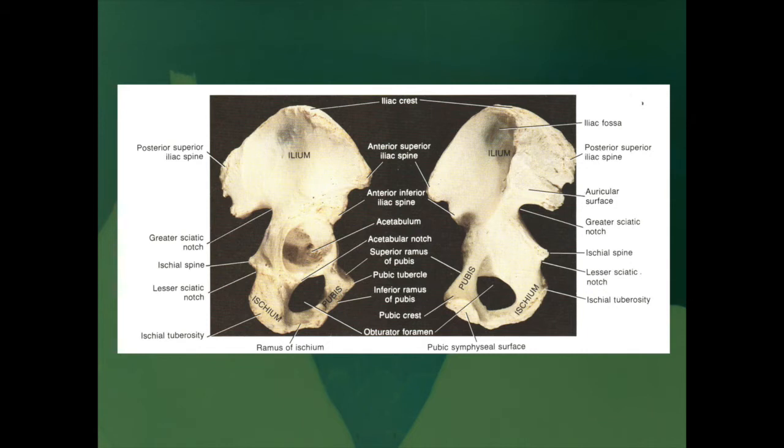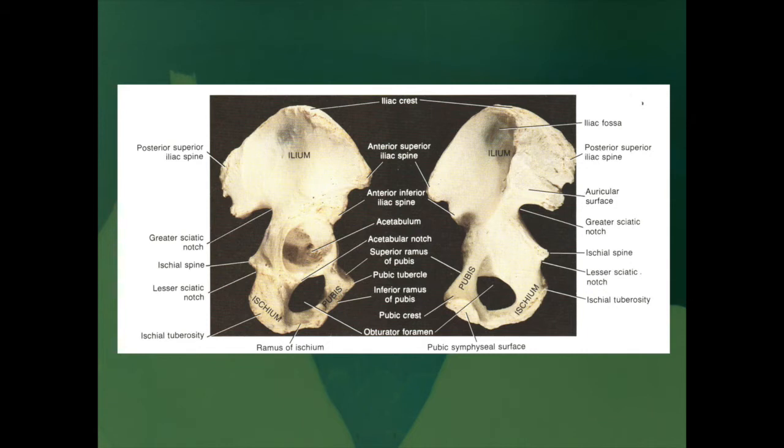So we have two of these hip bones. The superior portions of each are associated with the ilium, the largest section of that developing pelvis, an inferior and anterior pubis, and then an inferior and posterior ischium.